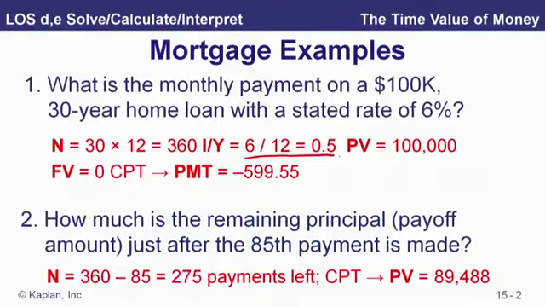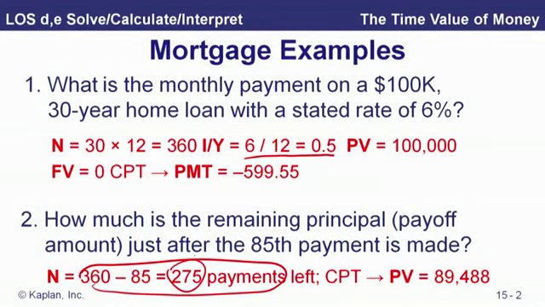So now, n equals 360 minus 85. That's how many payments we have left, 275. So now set n to 275. Your calculator remembers the other stuff. Okay? It remembers the present value, it remembers that interest rate, and it knows the payment. And the future value is 0.